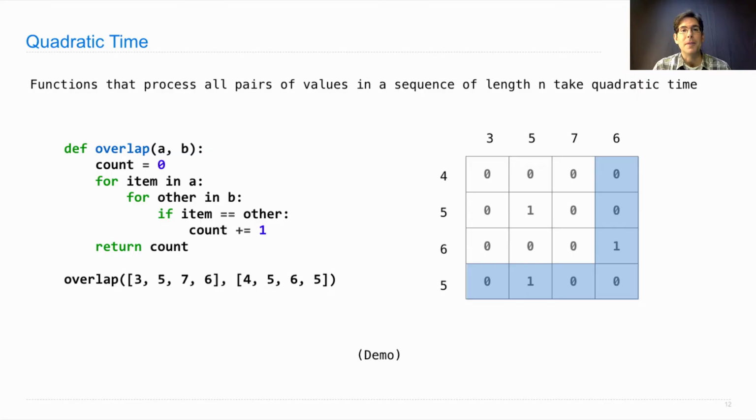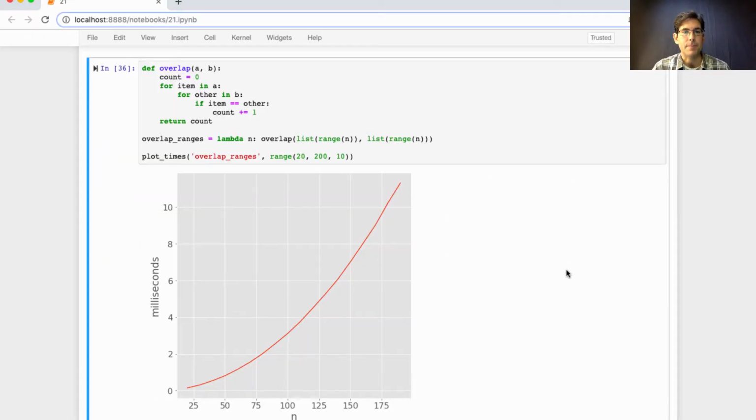And therefore, if you compare the input size to the time it takes to compute the result, you get a quadratic shape. So here's what happens when we pass in n's from the range 20 to 200 and compute the median time required in order to return the result. 75 takes 2 milliseconds, whereas 150 takes nearly 8 milliseconds. And the curve slopes upward in a familiar-looking parabola.